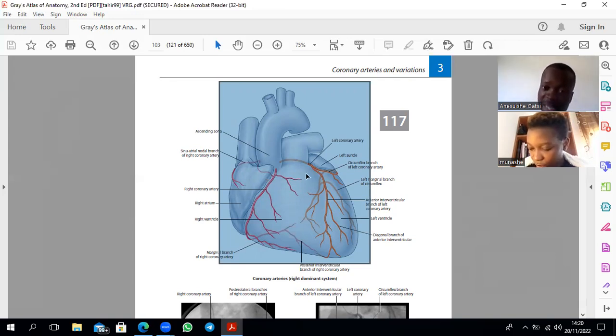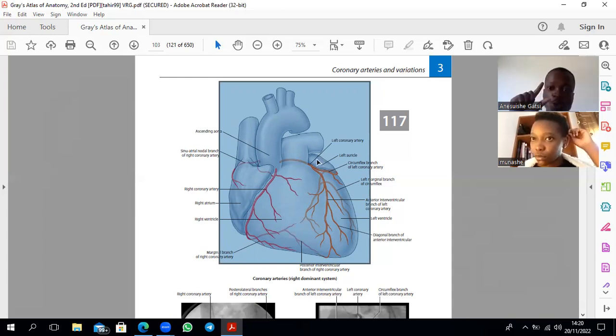Then the left coronary is between the pulmonary trunk and the left auricle. I know you said left is larger, but it's also shorter. In this diagram, from the anterior surface of the heart, you don't see the left coronary artery. You only see it if you lift the left auricle.